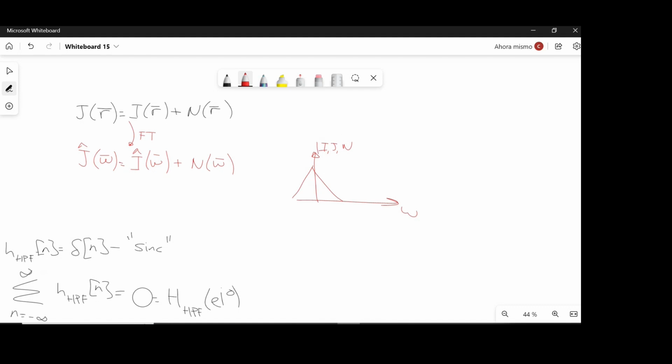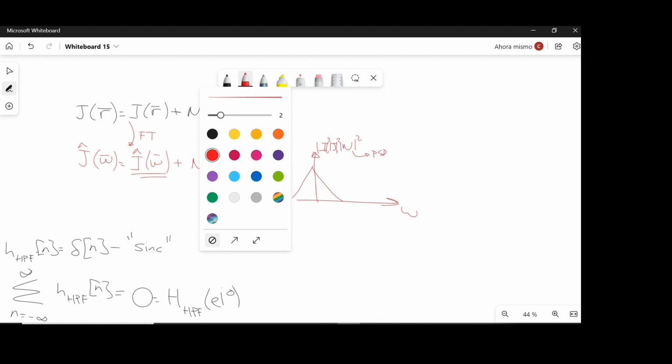De hecho, lo que estoy representando es el módulo de cada uno al cuadrado, lo que habíamos llamado la densidad espectral de potencia, la PSD. Pues esta de aquí es la I.